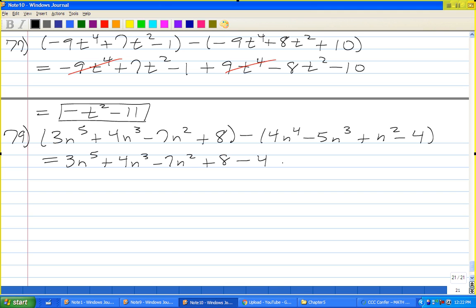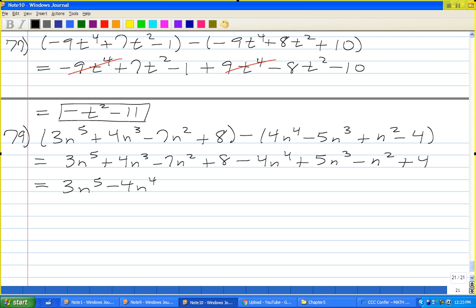Change all the signs inside the parentheses: minus 4n to the fourth plus 5n cubed minus n squared plus 4. Combine like terms. 3n to the fifth, minus 4n to the fourth.